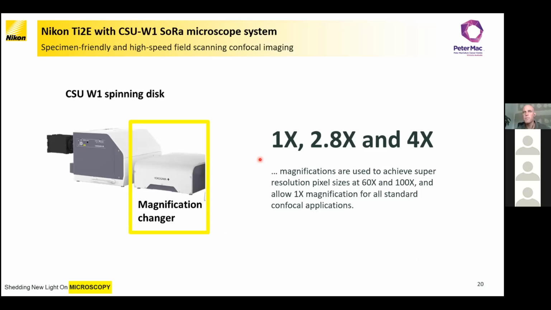So incredibly powerful in terms of collecting high resolution data. Once again, this magnification changer is all controlled within the software interface on the PC, the Nikon Elements software interface. So it's motorized and it's a click of a button. So increasing from 1 to 100 times and greater is really just a matter of selecting buttons on the user interface.